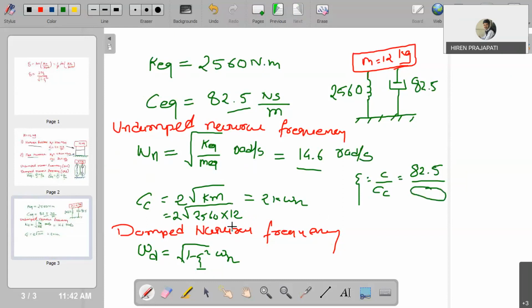Right? Fine. So if you solve this, just try to calculate what you are getting as Cc. In the square root we have 2560 into 12, then its square root.